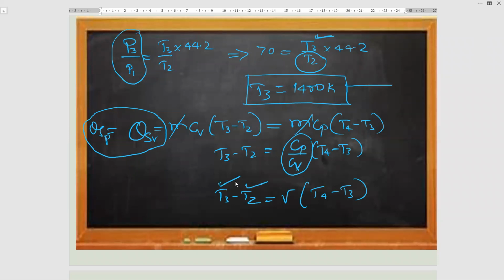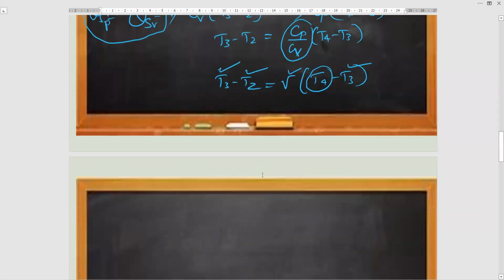In the previous step you calculated T2, and here you have calculated T3. Gamma is 1.4. The only unknown is T4. Tell me the value of T4. You may get 1765 Kelvin. That is what I have calculated. Please check your calculation, and T4 should be more than T3.